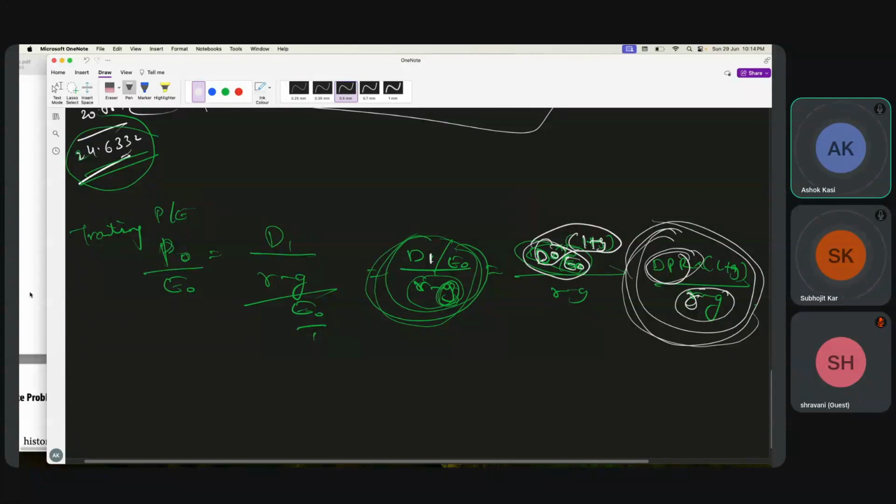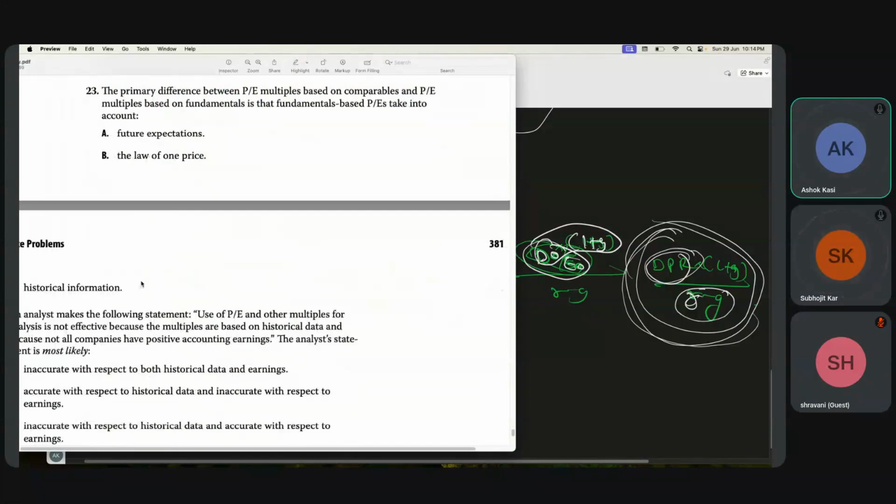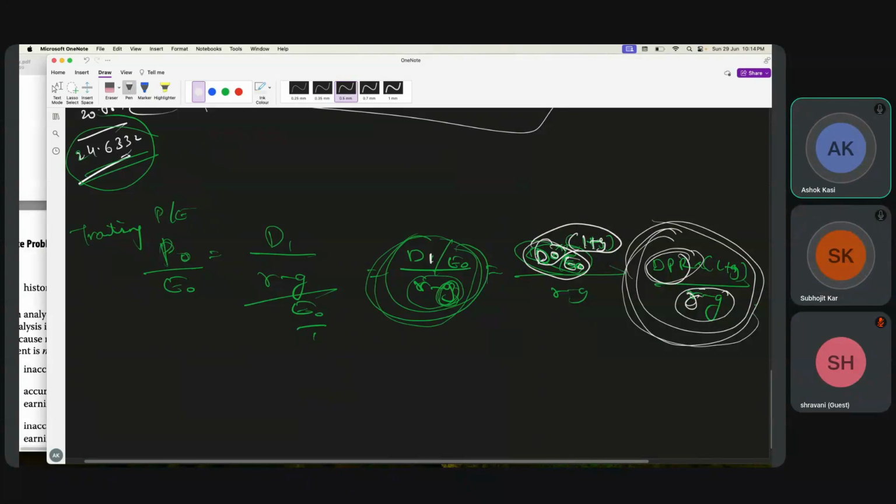The 23rd, next one. The primary difference between P multiple based on comparable and P multiple based on fundamental.